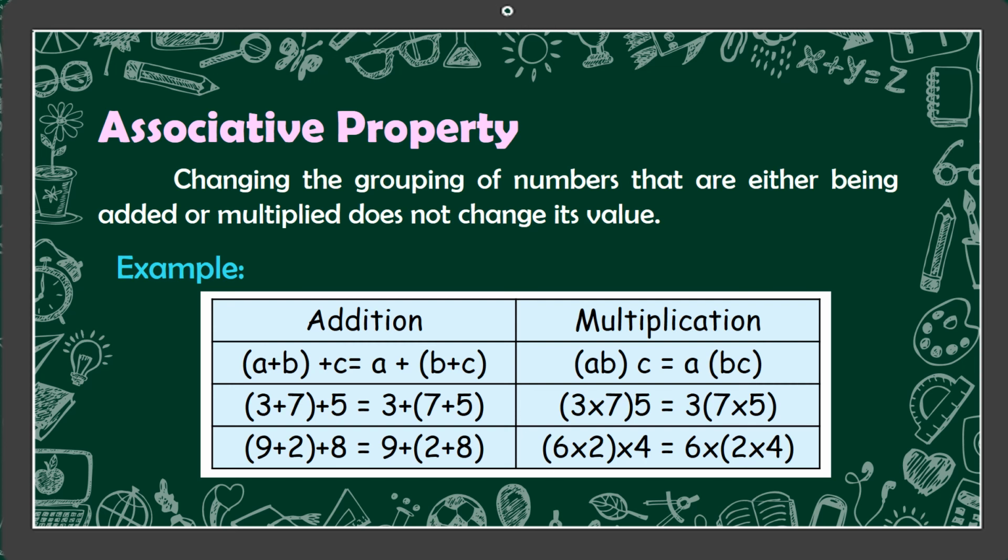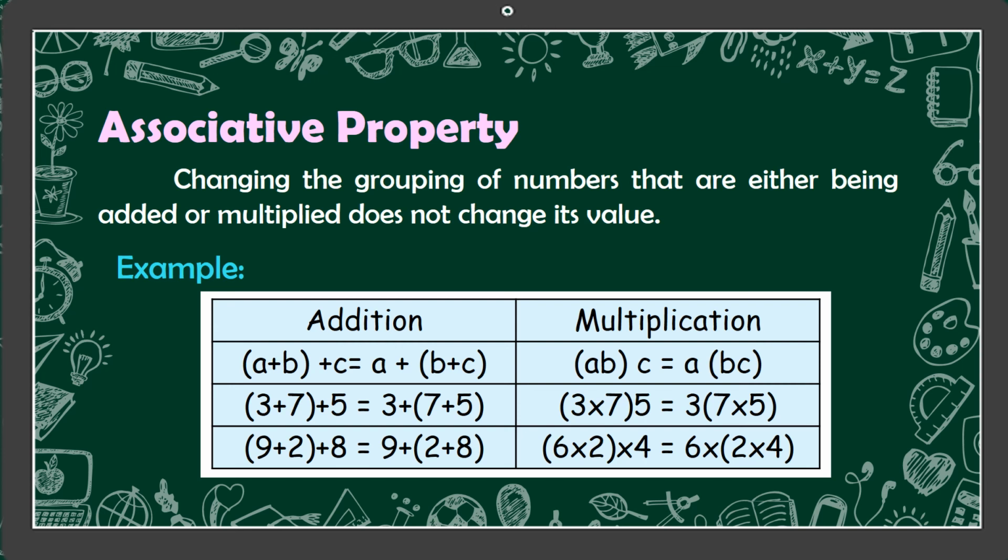For addition, quantity a plus b plus c is equal to a plus quantity b plus c. So sa una, ang nakagroup sa atin ay yung a plus b. Sa pangalawa naman ay yung b plus c. Anong groupings man yan, when we add both of them, they will arrive with the same answer.